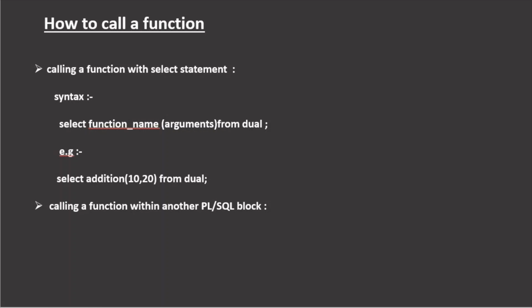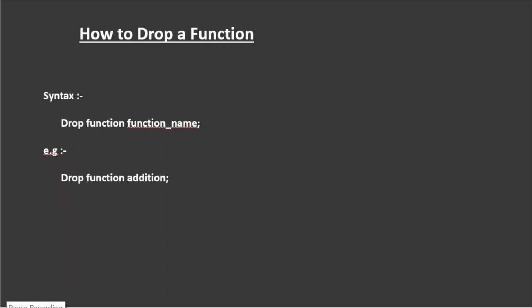It has one column, dummy, and contains one row with the value X. For example, select addition, which is our function name, passing the arguments 10 and 20 from dual. Next method is calling a function within another PLSQL block, which we will see in the further examples at the end.